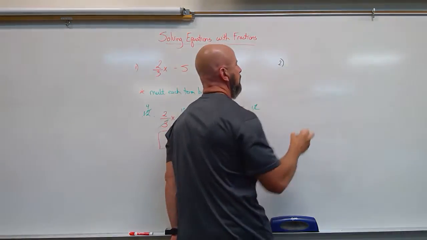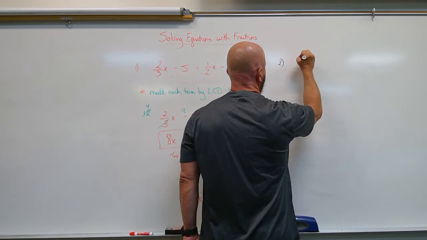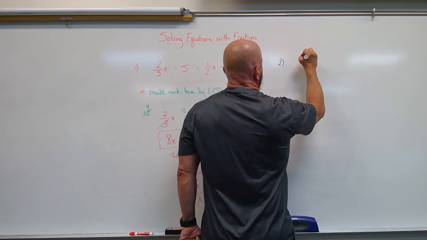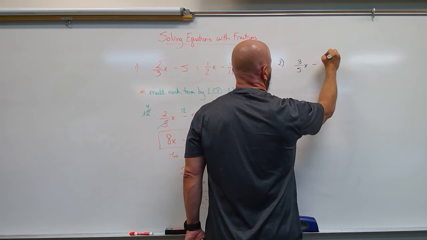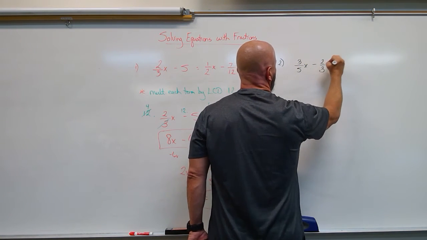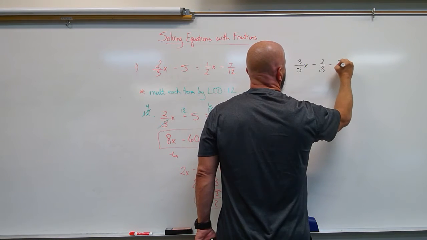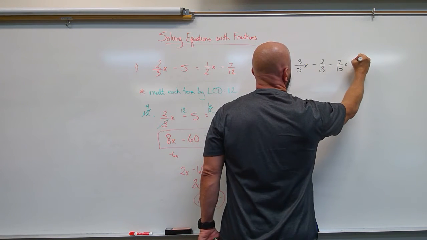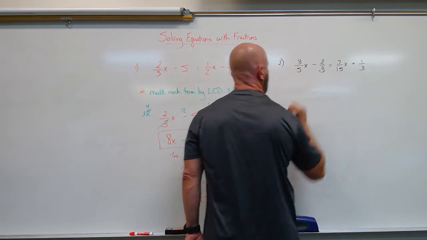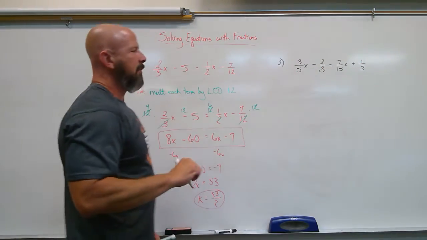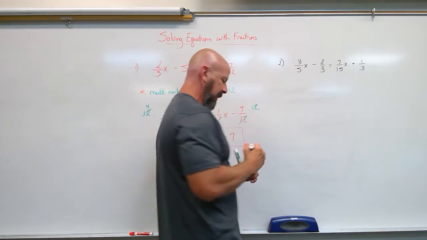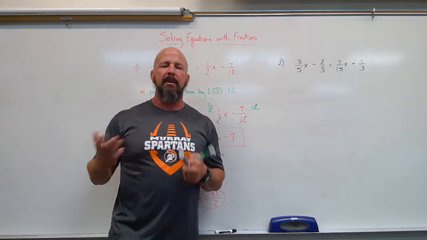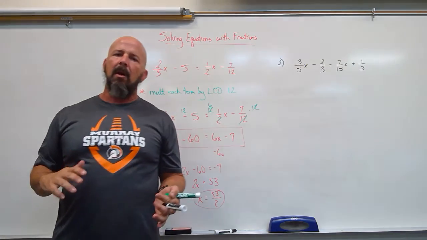So let's say here on number 2, let's go with 3/5 x minus 2/3 equals 7/15 x plus 1/3. Now I do see I have a couple of fractions here that are both thirds, but I still want to use that common denominator so it eliminates all of them.